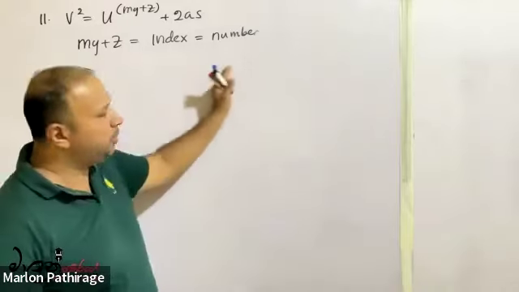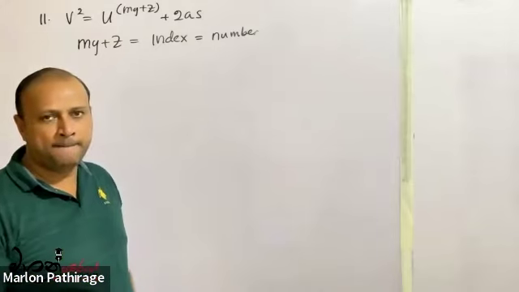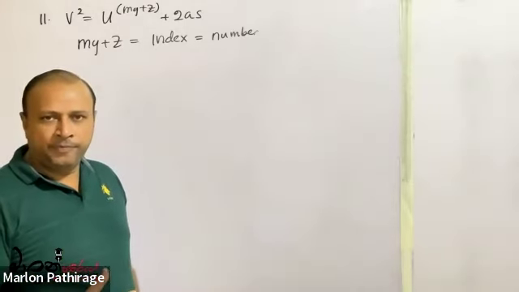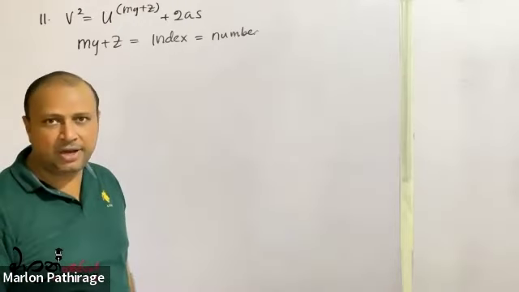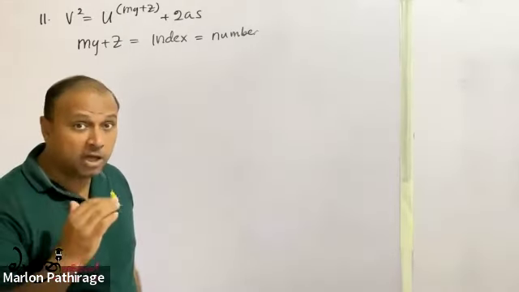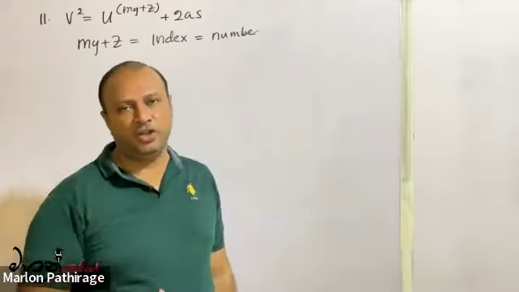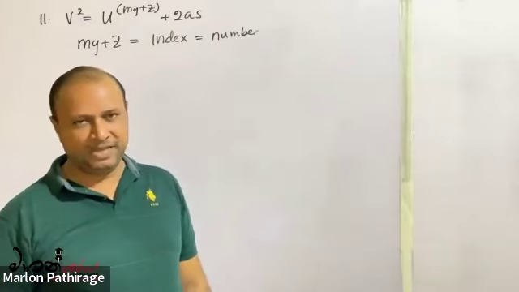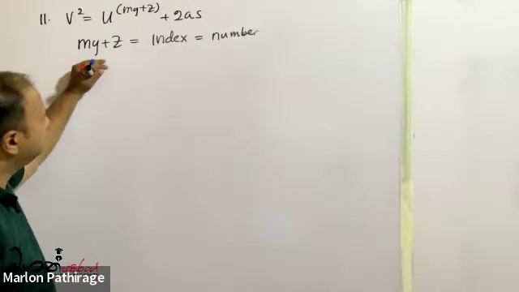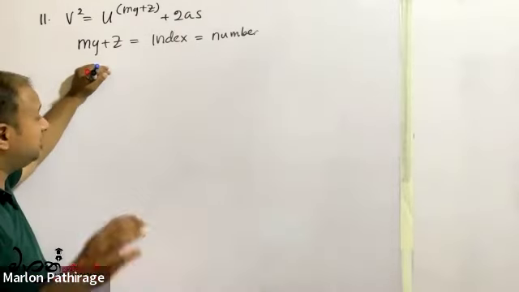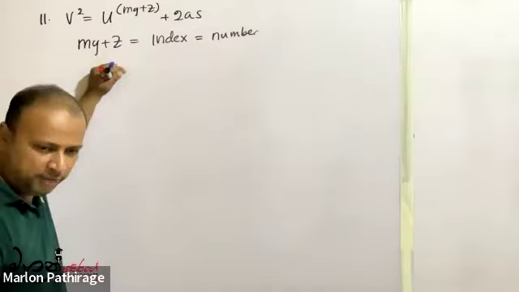My plus z means a number. Now this is an equation. My plus z is equal to a number. And according to the second argument, all the terms in an equation should have same dimension. Actually, I did not use any argument for this one.